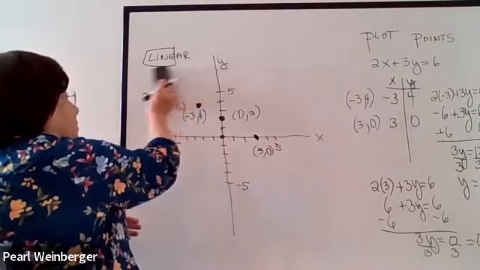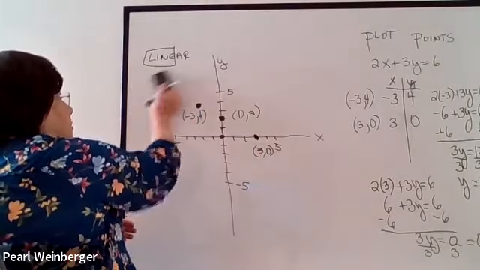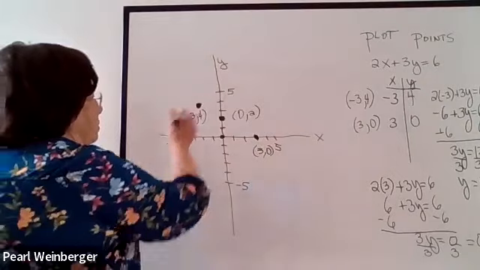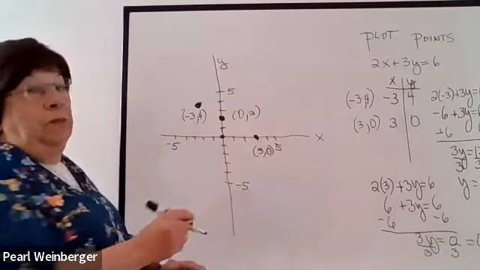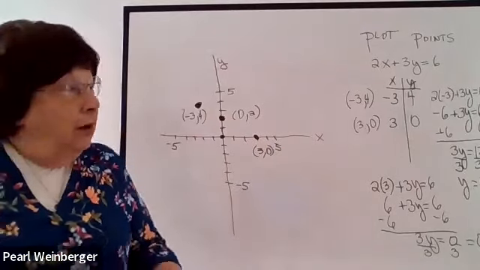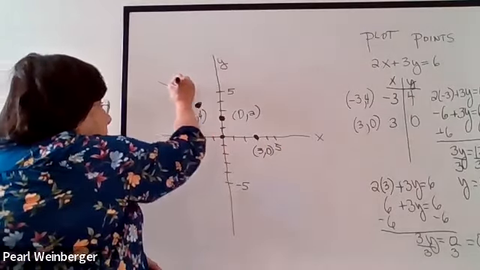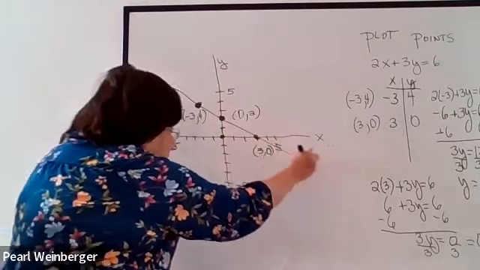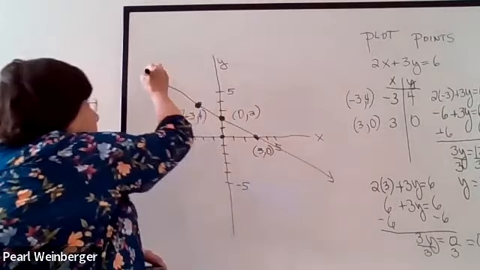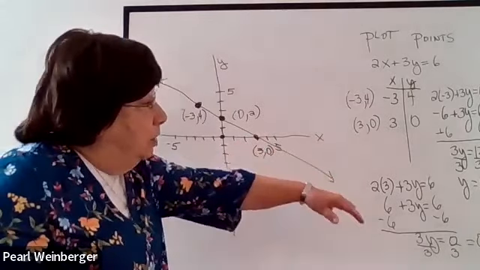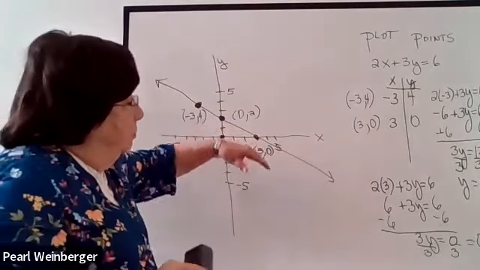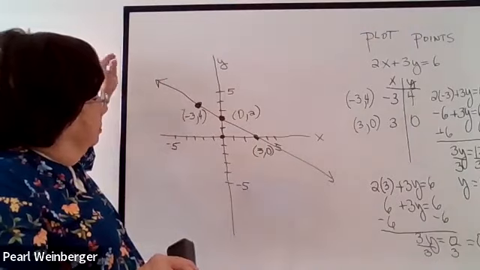I'm just erasing this because I think it's easier now to see. If you notice, my points all line up. Here is my line. Notice I put arrows on the end of the line because it keeps going further and further to the right, further and further to the left.